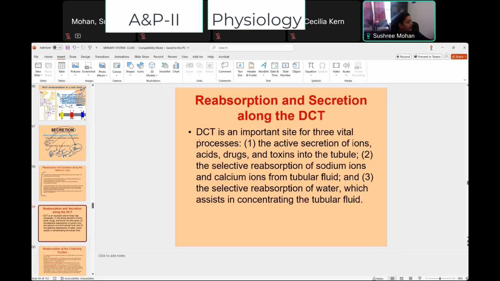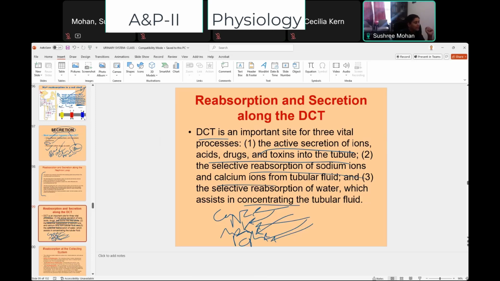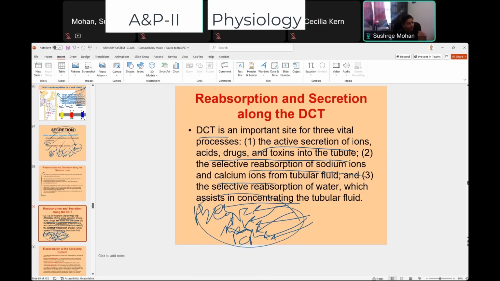It is the site for active secretion of ions, drugs, toxins, and selective reabsorption of sodium and calcium. So we are going to take back sodium, protein, glucose, calcium, magnesium, some amount of potassium, and a huge amount of water. All of this is reabsorption.